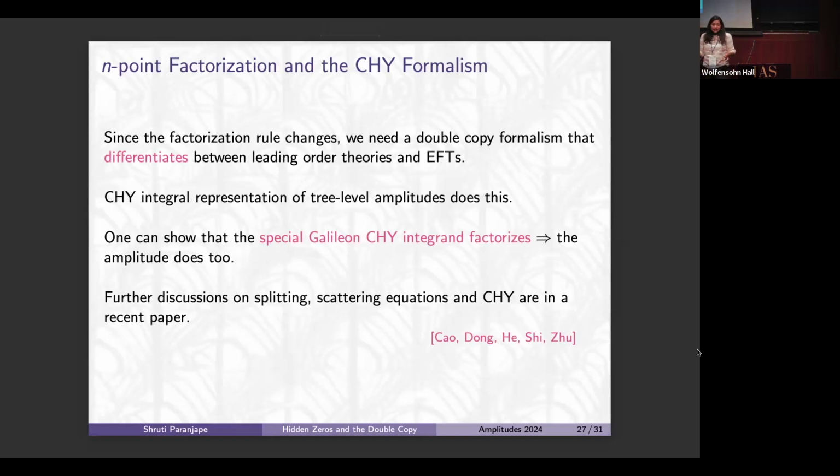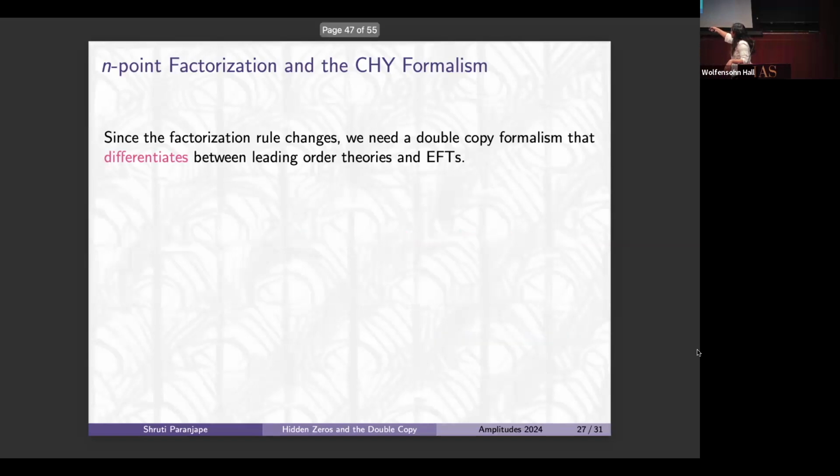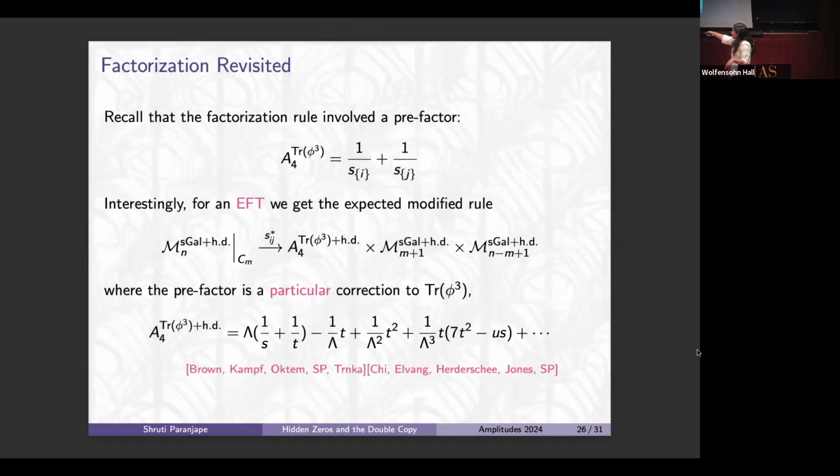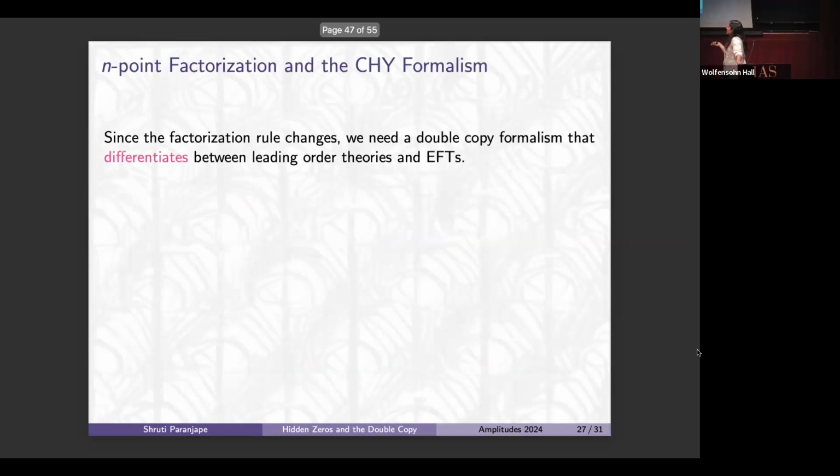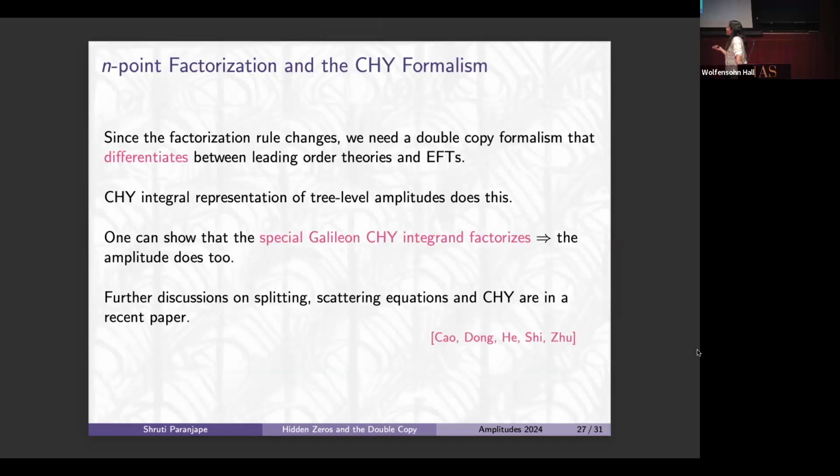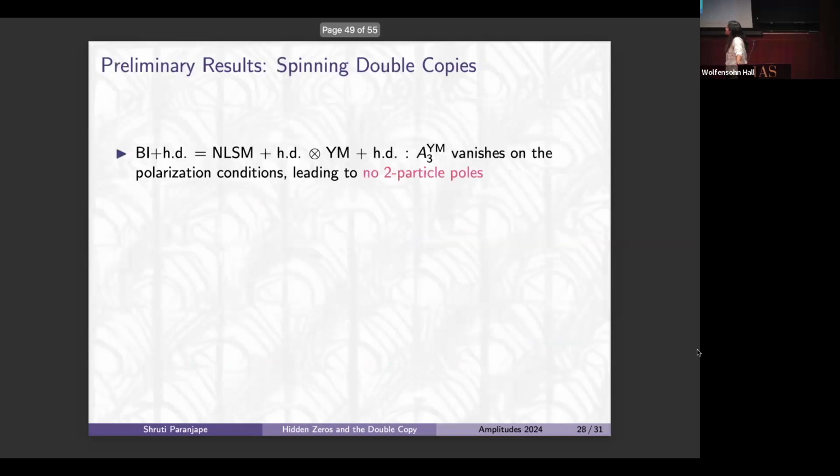So do the scattering equations. And there was a paper last week by Kao, Dang, He, Shi, and Zhu, who discussed this at great length. And they talk about exactly how on these split kinematics, the scattering equations and CHY integrands split. Okay? And in some sense, already, this is telling you that that had to happen because you can't have the same splitting rule at leading order and at high derivative order.